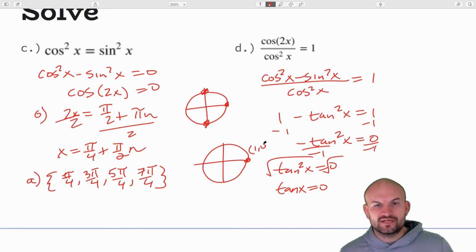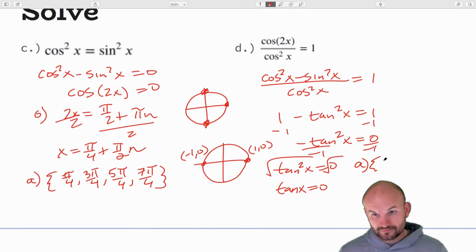This point is 1, 0, and this point is negative 1, 0. So again, you can see that the tangent is going to be 0 at 0 and pi. So this is going to be the same solution as we had before, which would be 0 and pi. And then for all the solutions, it's going to be at pi n.